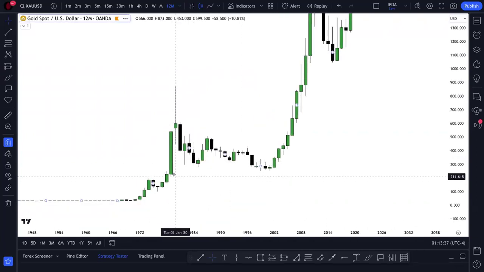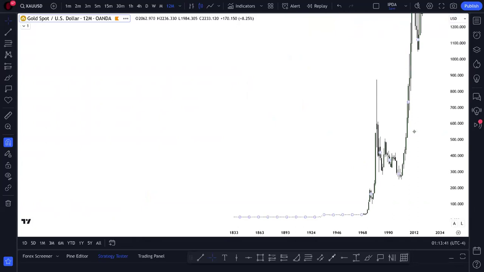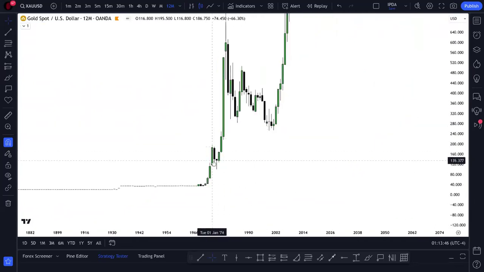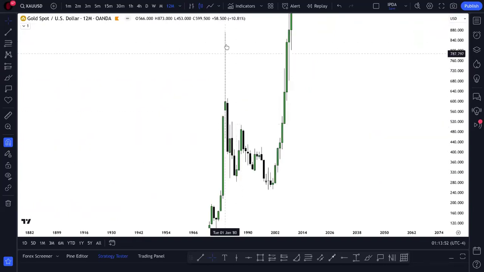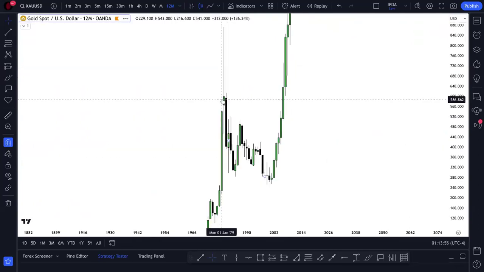The largest candle we had was here in '79, at least as far as I can see in what TradingView is showing. Runs up, gets everybody long, runs even higher, and then it dumps. It just crashes. Gold crashes, right?